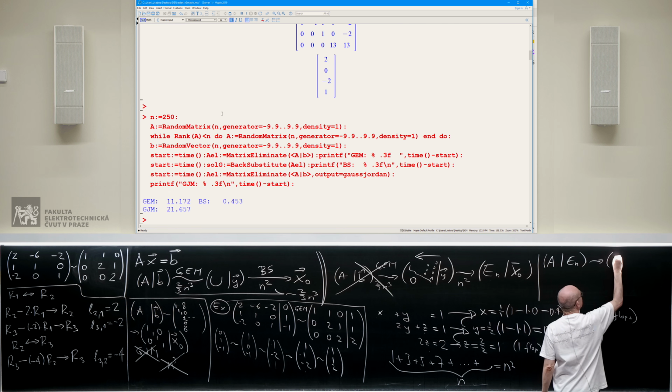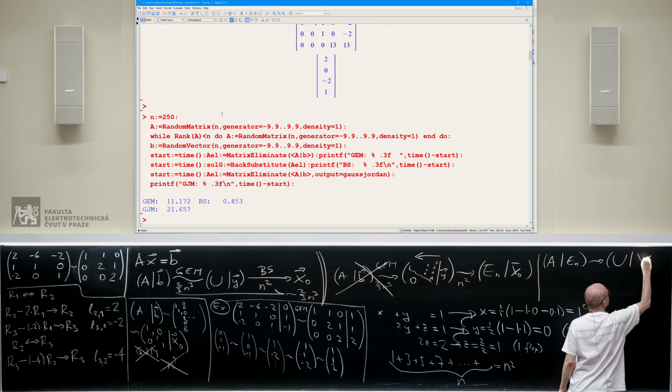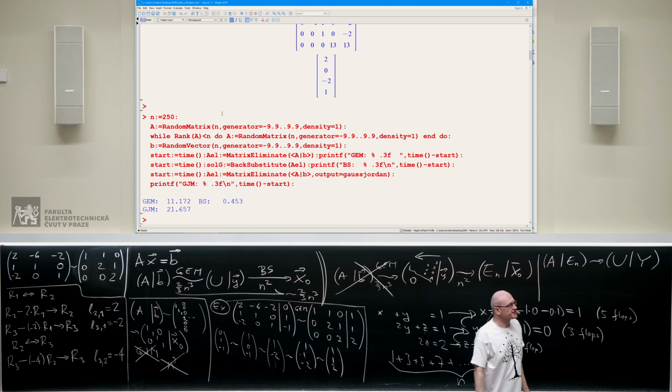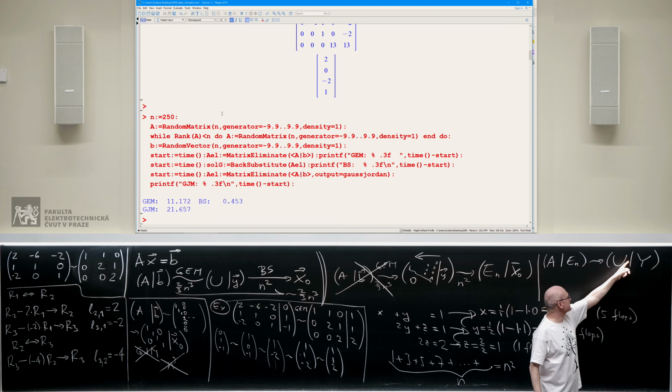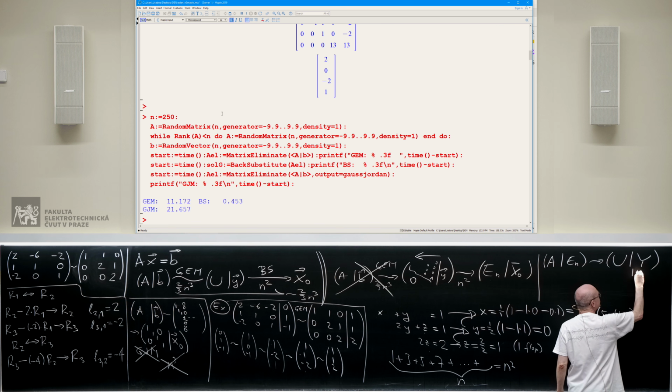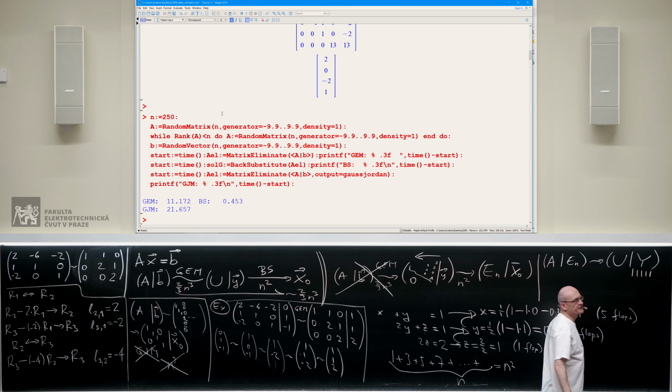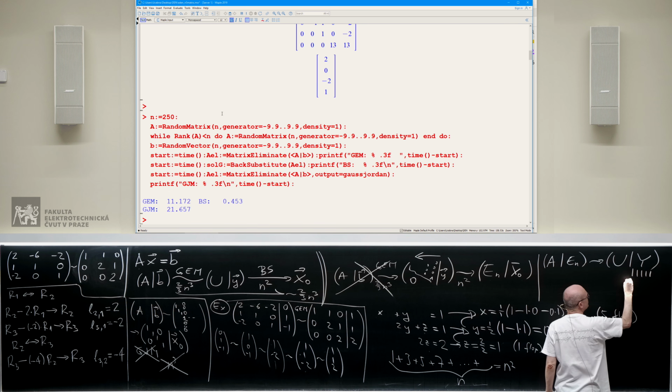And indeed, what you do, you change the system using numerical elimination into a system which has on the left an upper triangular matrix. And then you just treat this as n independent systems of equations, and each of them you can solve using back substitution.